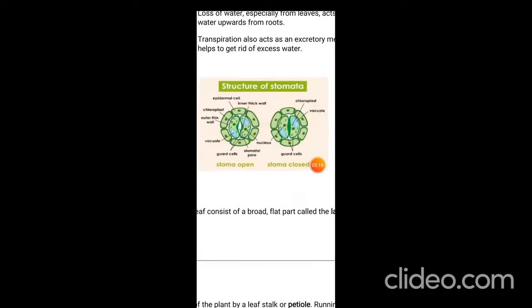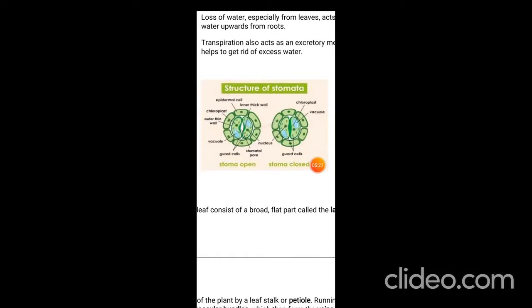Why does it have to be guarded very properly? Because according to the temperature, according to the humidity, it will open and close by itself. It is not open every time, because most of the summer time, now we are running in a summer season, so from 10 to 4, 5 or 6 o'clock, stomata will be closed, because if the stomata are open, a lot of water will move out through the process of transpiration.